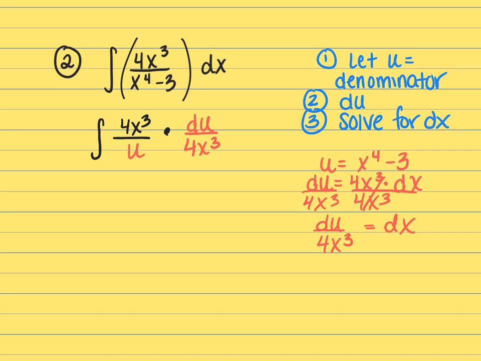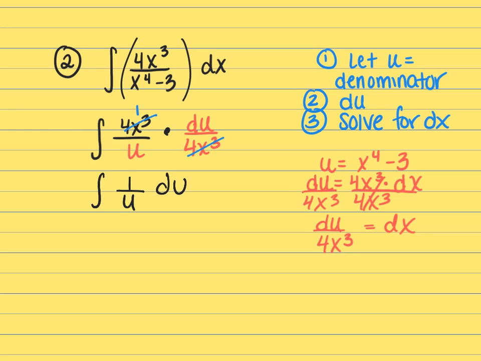Now what you should recognize is that these 4x to the thirds cancel, but they don't just disappear. Anything divided by itself is 1. So then when we rewrite this, we want to take the integral of 1 over u du.